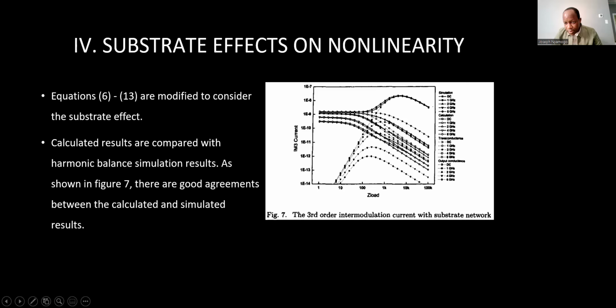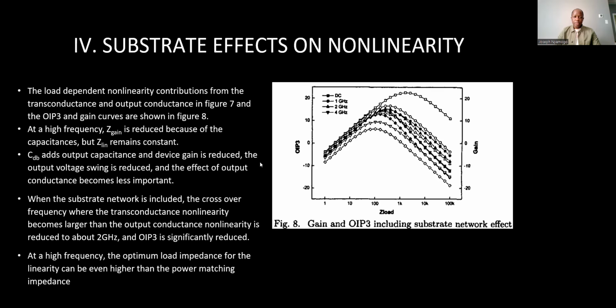Then we can see the transconductance and the output conductance. The load-dependent nonlinearity contributions from the transconductance and output conductance are in figure 7, and load gain and OIP3 curves are shown in figure 8.